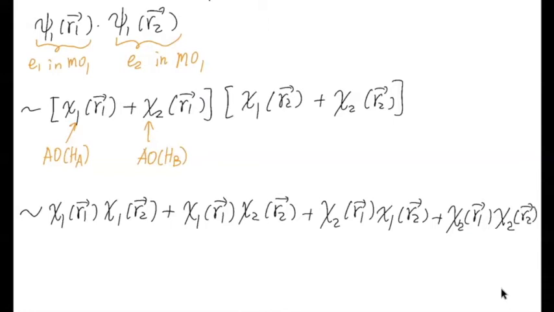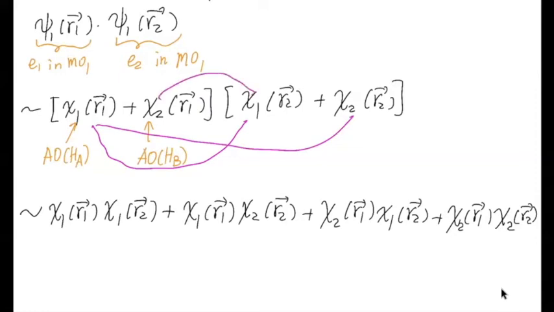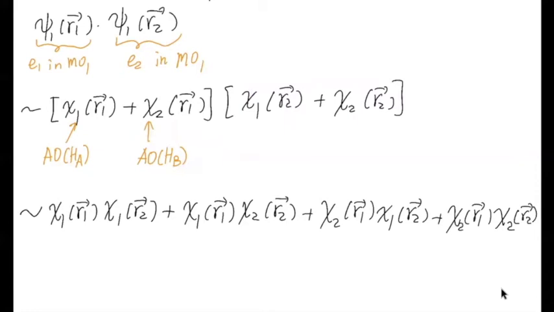You have 4 terms. You just do the product: chi1 chi1, chi1 chi2, chi2 chi1, and the last term is chi2 chi2. So you really have 4 terms.